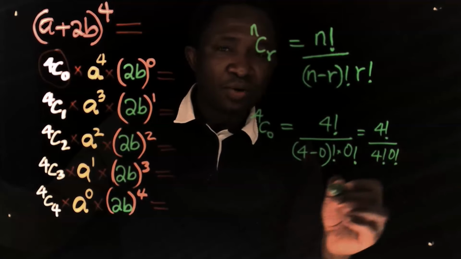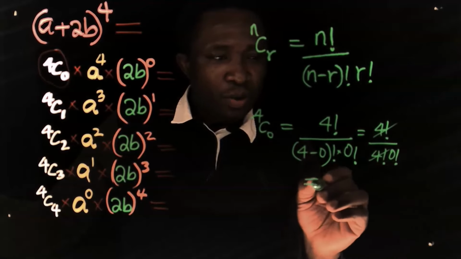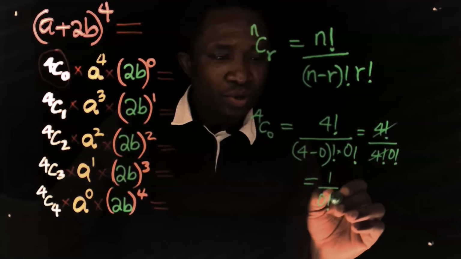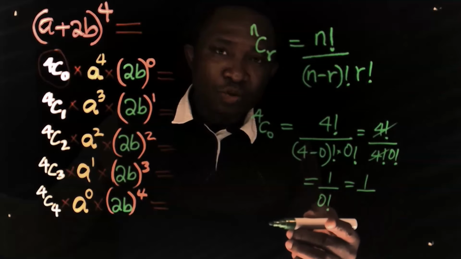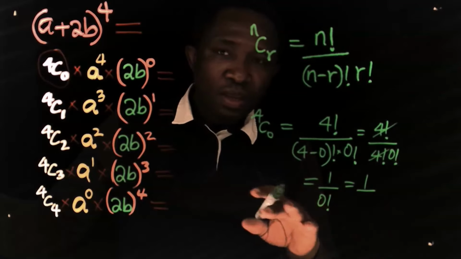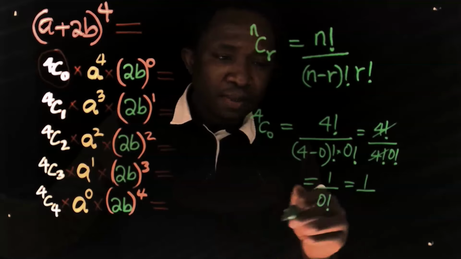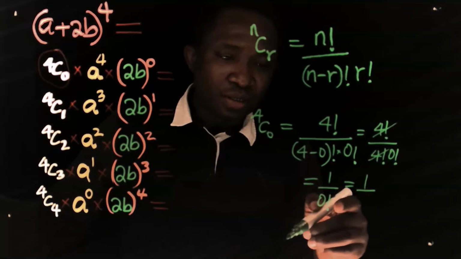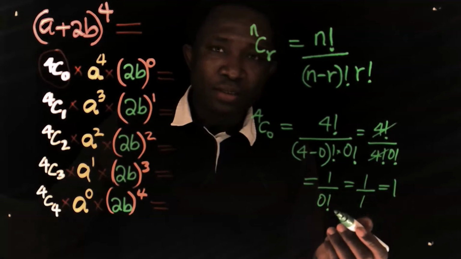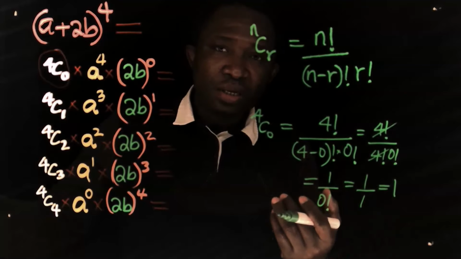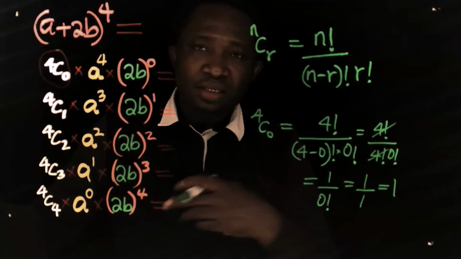Then you're going to get 0 factorial. This will cancel this, and you end up having 1 over 0 factorial. 0 is not allowed to be at the denominator of any variable or any number. But here, this is 0 factorial, and 0 factorial is 1. And 1 divided by 1 is 1. Hence, we can use this formula to find each of these combinations.